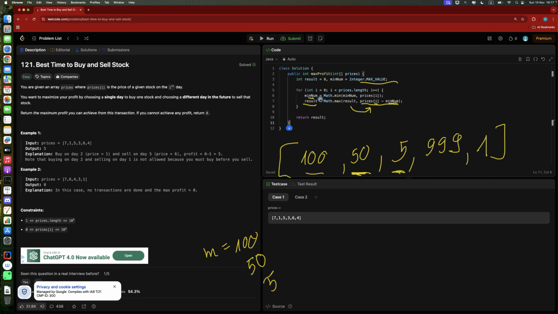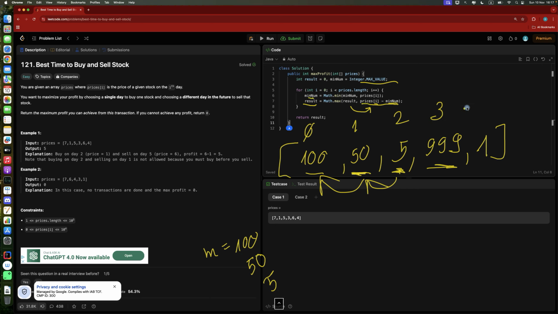And we again check this condition. But again, 5 minus 5 is 0, right? So we don't make this transaction. We didn't make this transaction also. And when we are here at index 3, this gets ugly.